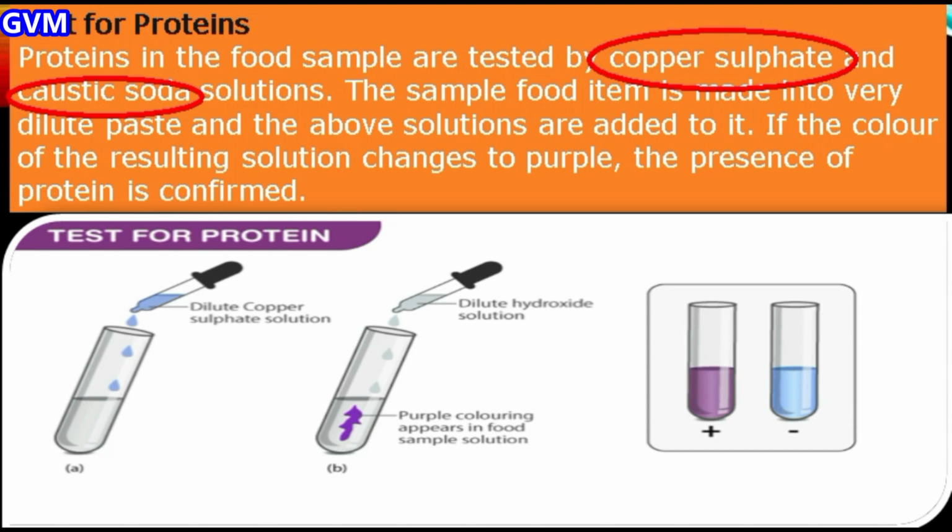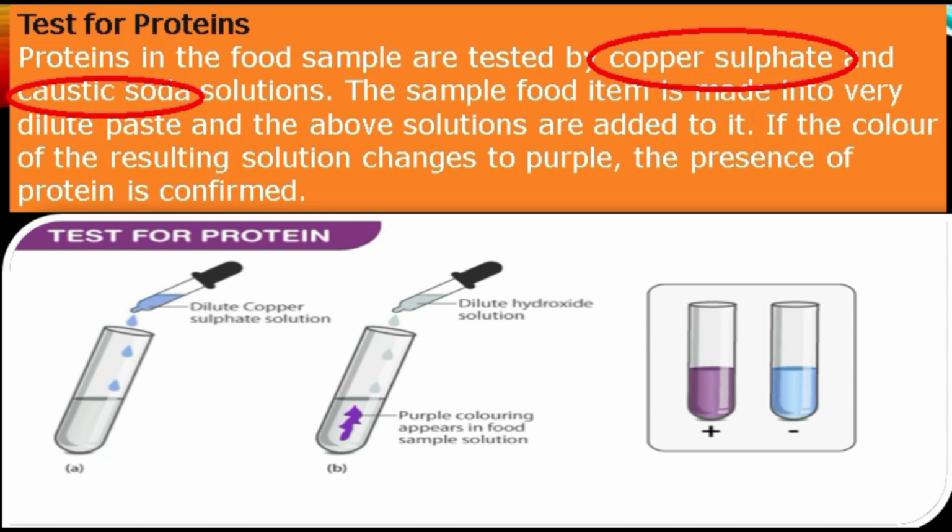Then you have to take the food item in the test tube and add 10 drops of water to it and mix it well. Then you have to add 2 drops of copper sulfate and 10 drops of caustic soda, that is also known as sodium hydroxide solution.